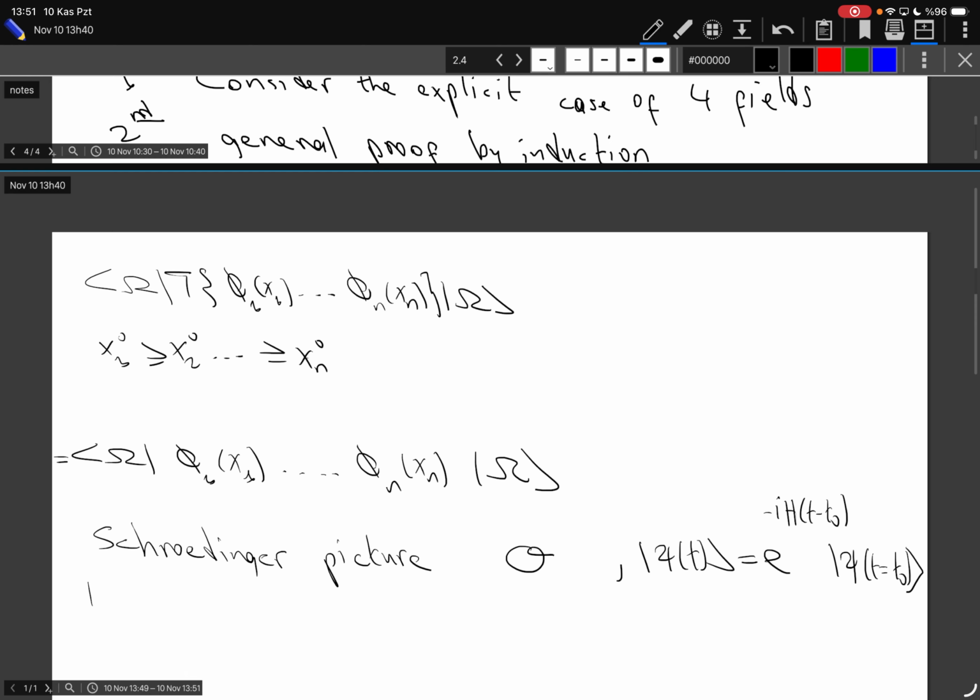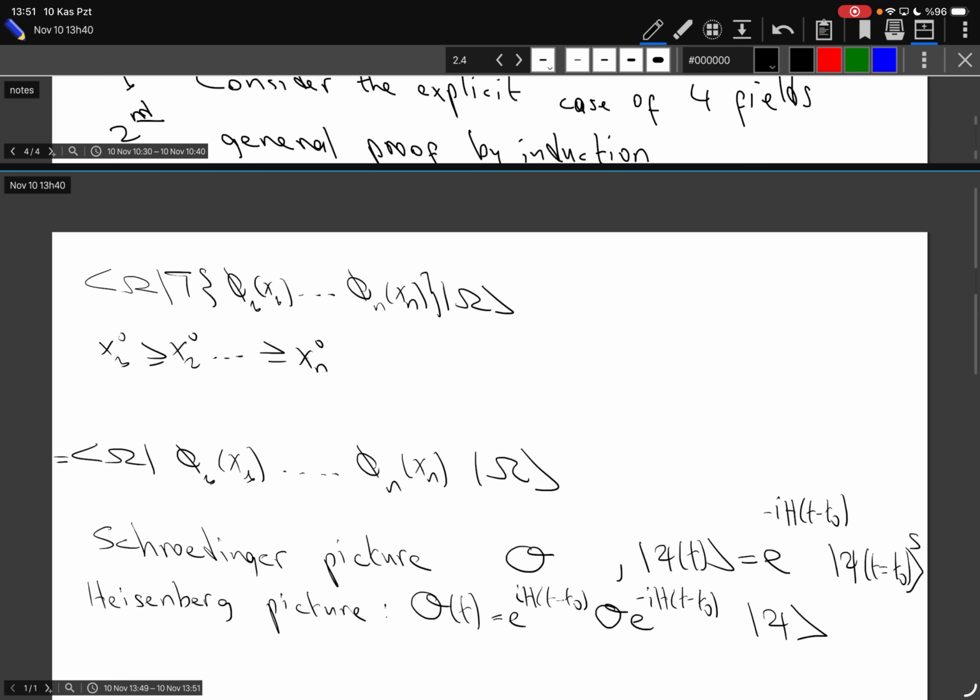Then we had the Heisenberg picture, where the operators depend on time through this equation, and the states are basically independent of time. This is the Heisenberg picture. This is the Schrödinger picture operator, and this is the Heisenberg picture operator.